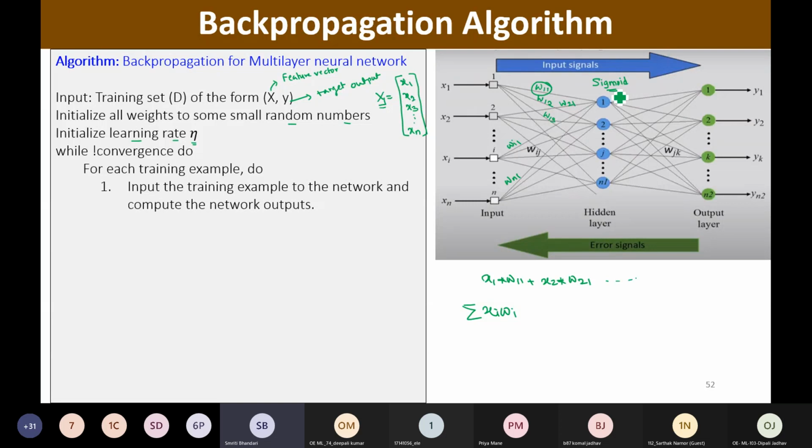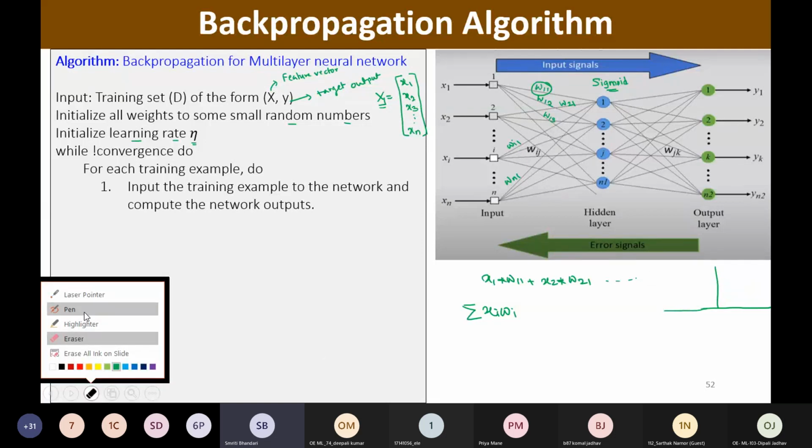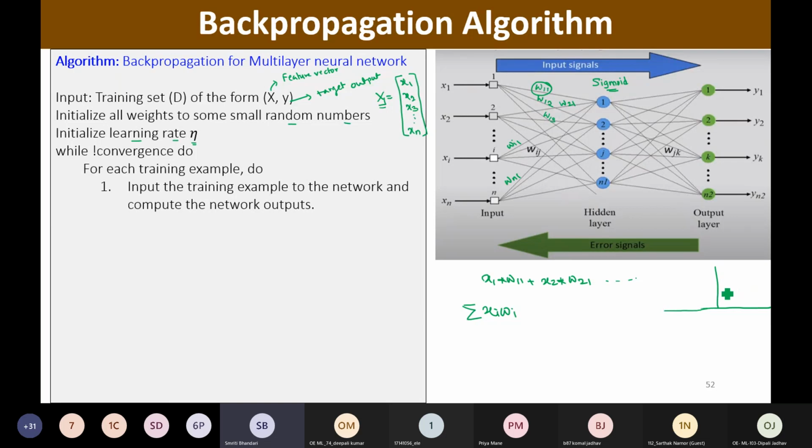Right. So here we are using the sigmoid function. We know the sigmoid function. How does our sigmoid function look? This is 0, 1, this is 0.5.